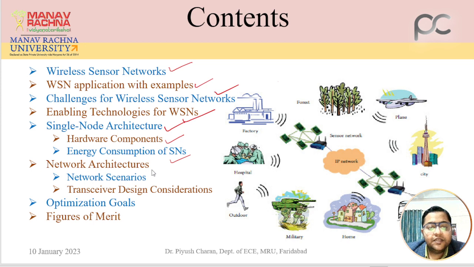We'll see the network architectures. We'll discuss the network scenarios. What are the different scenarios in which a particular wireless sensor works? We'll see the communication system that is required, that is a transceiver. A transmitter and a receiver collectively is known as a transceiver. Then we'll see also the optimization goals and figures of merit for wireless sensor networks.